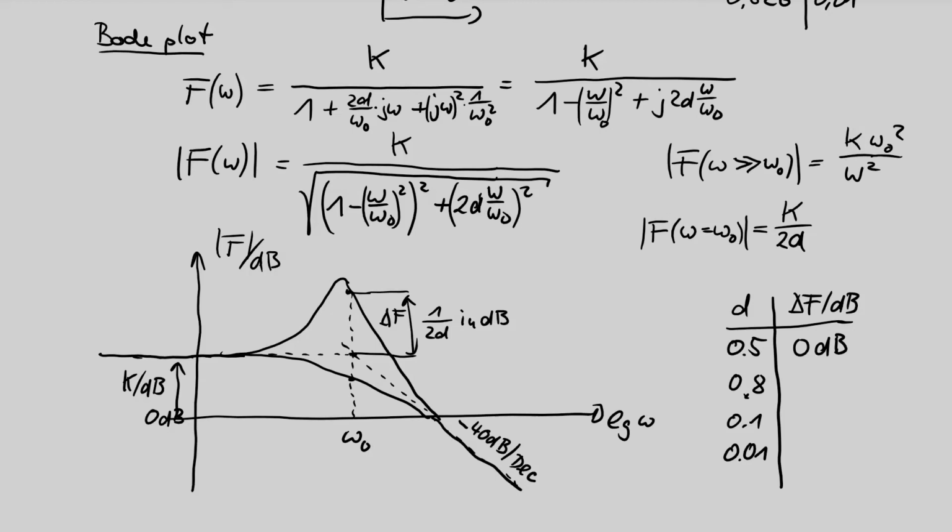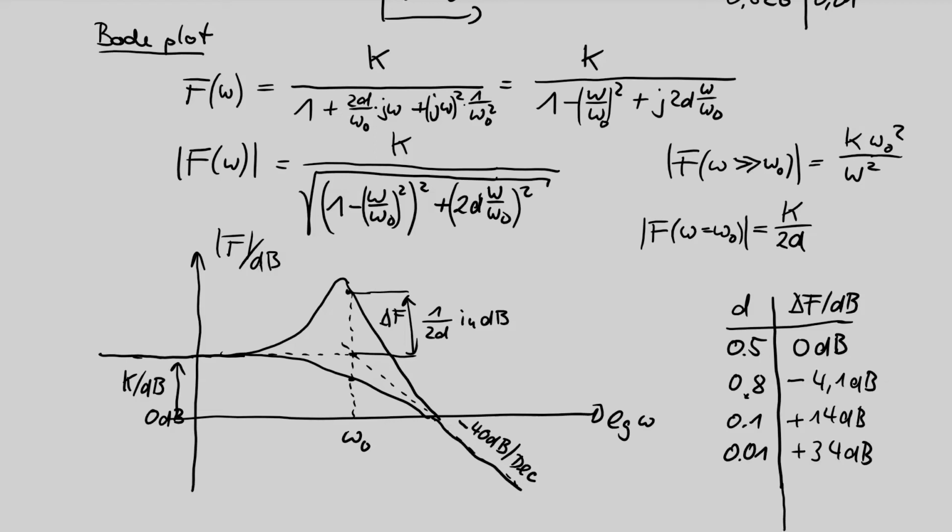I have to do this manually in the meantime. Okay, damping factor 0.8, we get negative 4.1 dB. 0.1 gives plus 14 dB. 0.01 gives plus 34 dB. You see, then we have a big resonant peak.